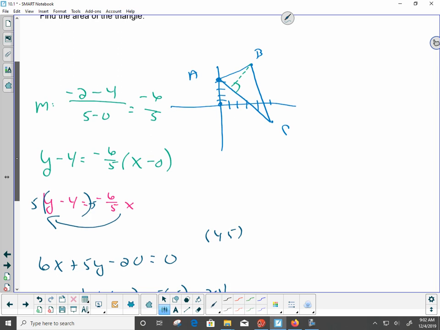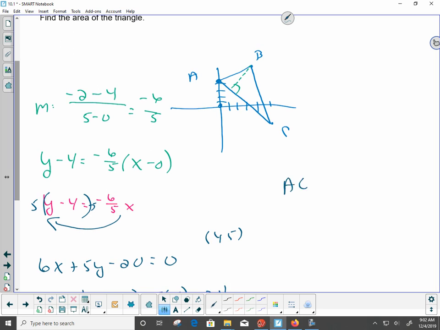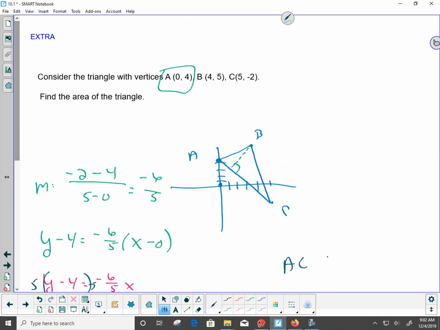Then finding AC. This is between AC, that's the square root of -5 minus 0 squared plus -2 minus 4 squared. Why'd you find the slope or the equation of A to B?